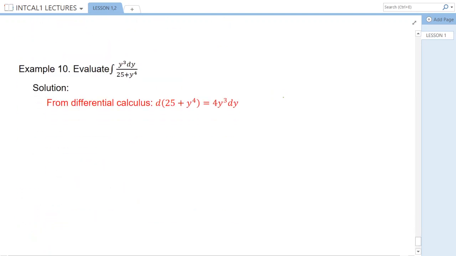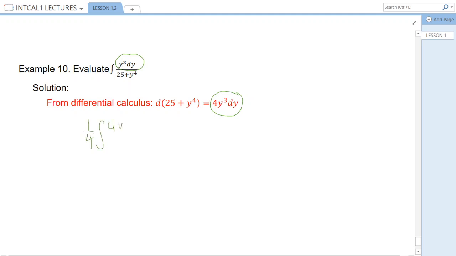Okay, for our last example, let us evaluate the integral of y cubed dy divided by 25 plus y raised to 4. So the derivative of the denominator 25 plus y raised to 4 is 4y cubed dy. Since, again, the derivative is this one and it doesn't satisfy the numerator, let us manipulate again by dividing by 4 and multiplying by 4.